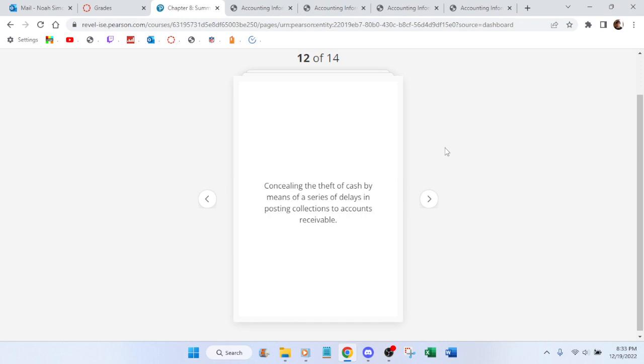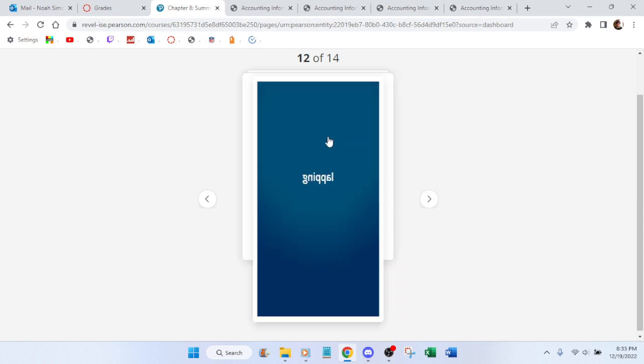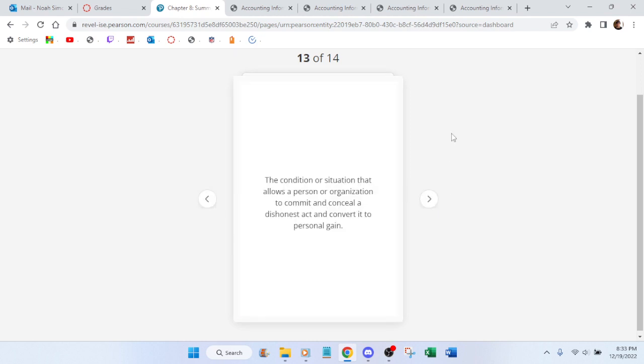Concealing the theft of cash by means of a series of delays in posting collections to accounts receivable. Lapping. The condition or situation that allows a person or organization to commit and conceal a dishonest act and convert it to personal gain.